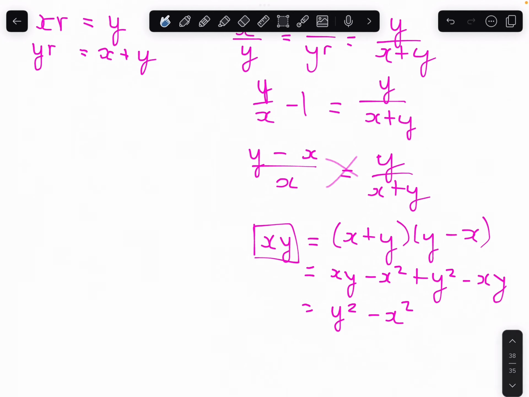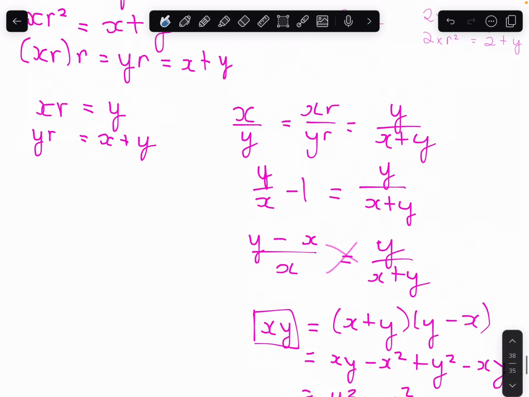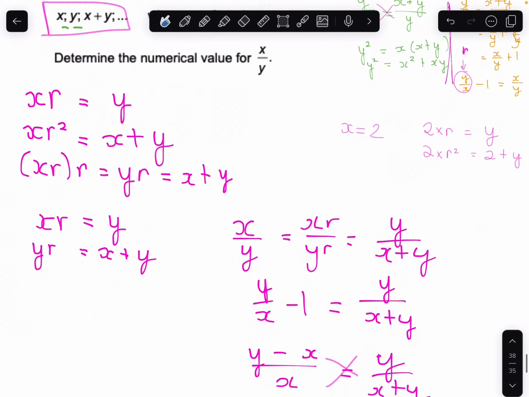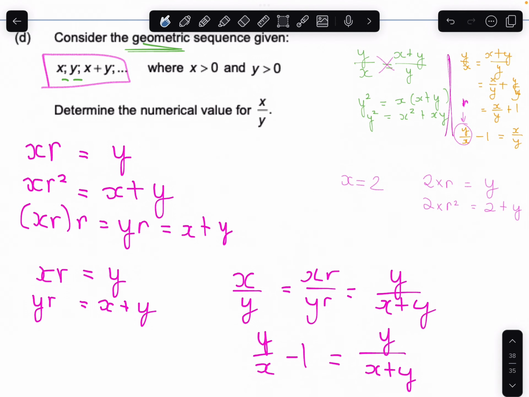CRP, CRP, CRP. I don't know where we are going. I know, I know, I know. I don't know.